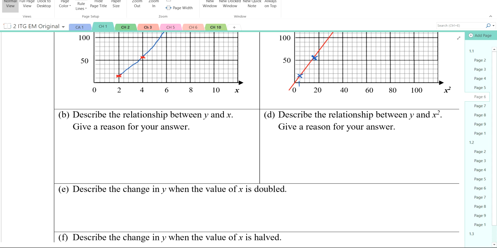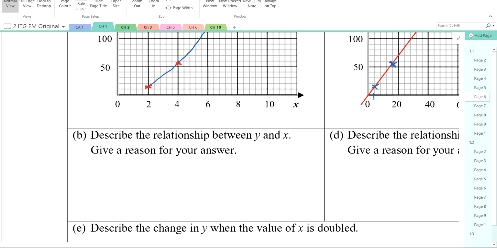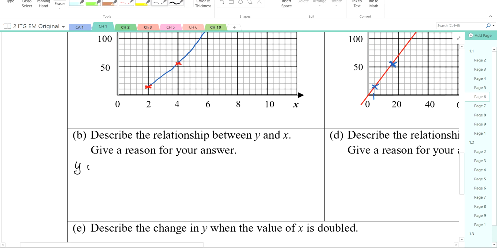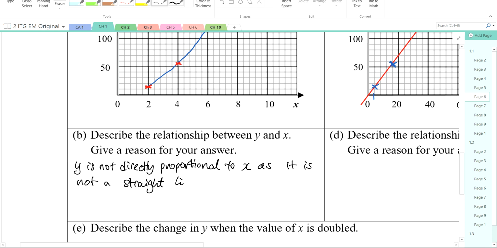So for the first one, y is not directly proportional to x as it is not a straight line graph.